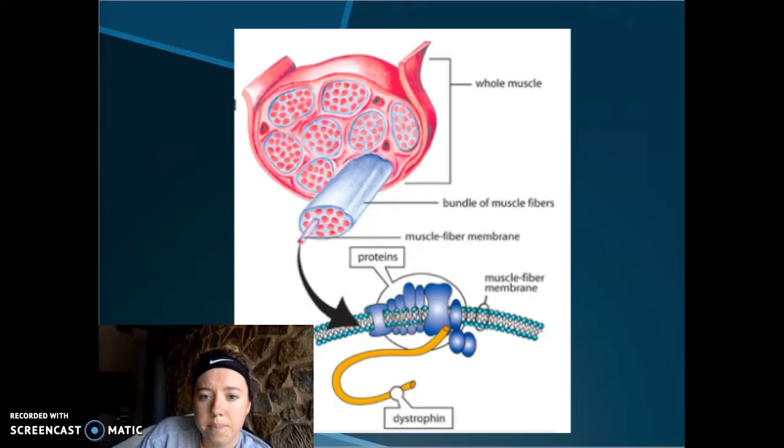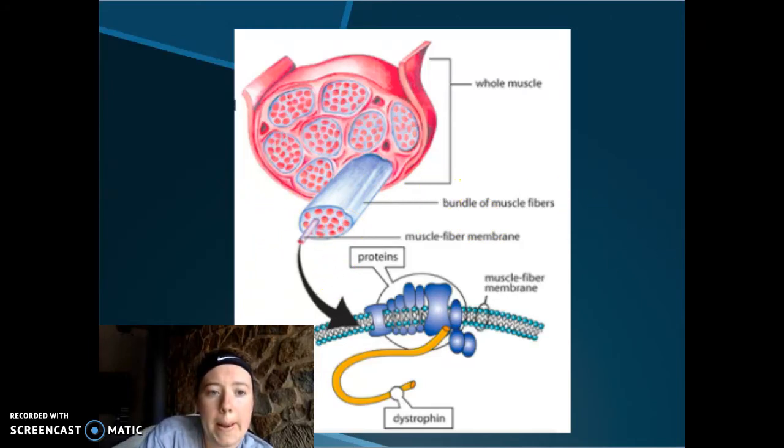Next slide. This is more of a visual, which explains the dystrophin function of a muscle. So muscles are made up of muscle fibers, which you can see here. And each of these individual bundles of muscle fibers are surrounded by a membrane, which make up the entire muscle.